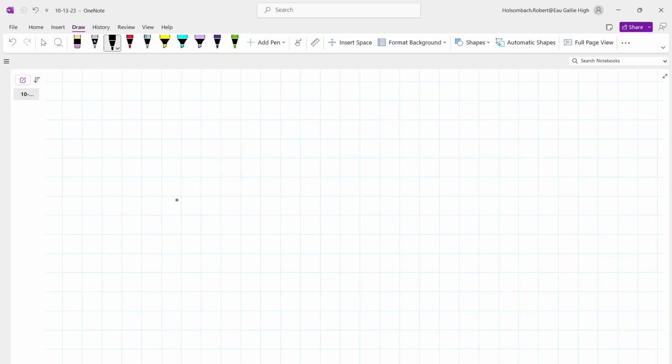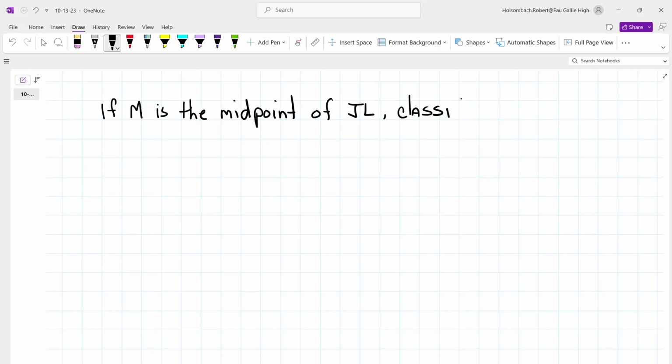If M is the midpoint of JL, classify triangle JKM, and explain your reasoning.